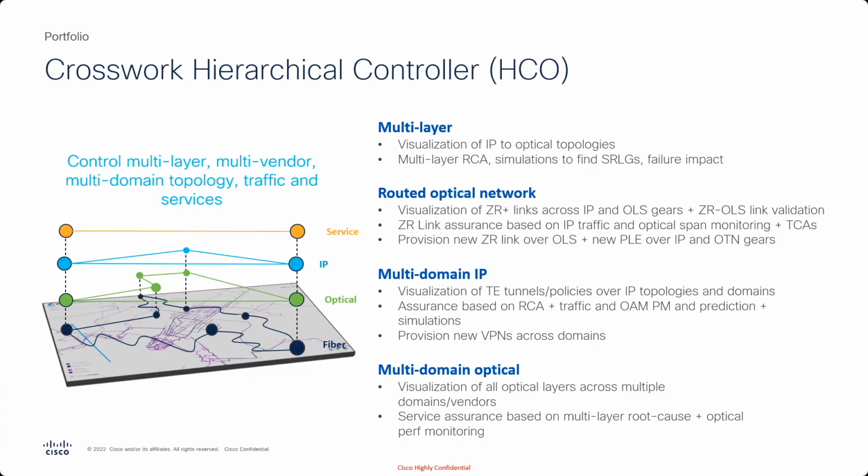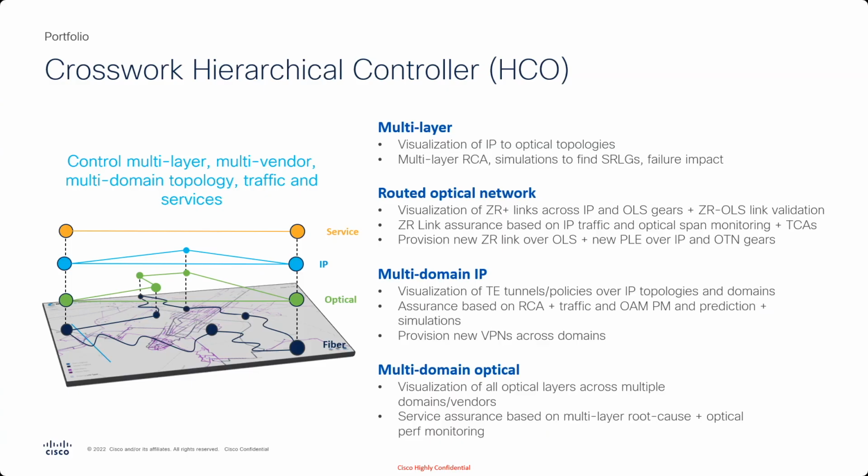We may have a different vendor. So we may have one network implemented by Cisco, one network implemented by another vendor. In that case, we may have the need to use a different controller. And then in that case, even though our IP network controller is multi-vendor, and so we can cope with multi-vendor directly in the IP domain, in case there is an existing controller, then the HCO can do the bridge to the different domain.